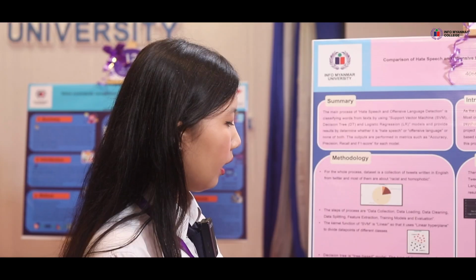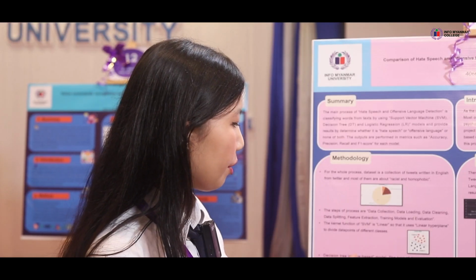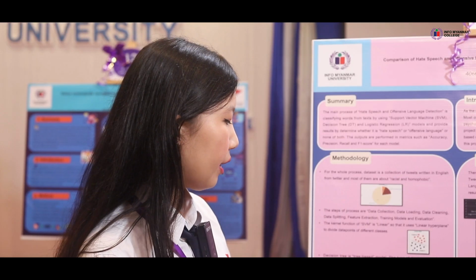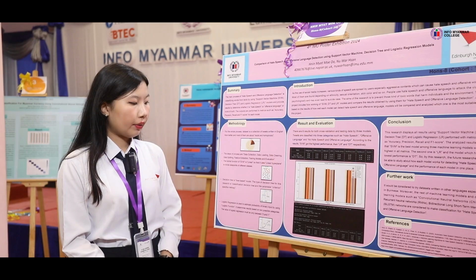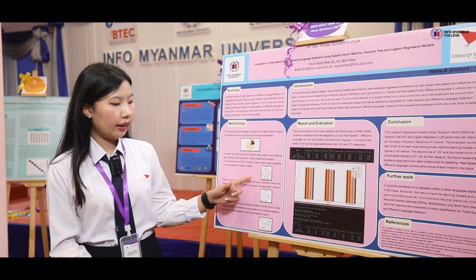For this research, entropy is used for the parameter criterion, and best is used for the parameter splitter, which means that the decision tree model finds the best feature and uses it to split the data into different classes, and it repeats the process until the tree branch ends, or the condition is met. And we can see an example in this photo.